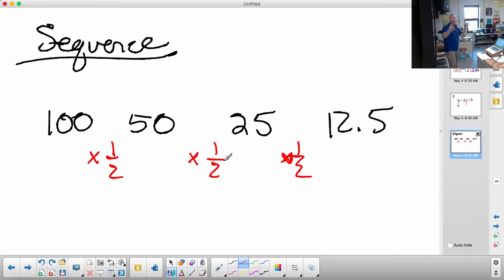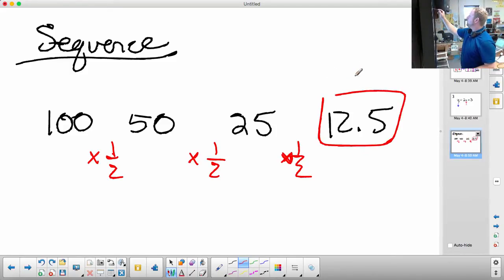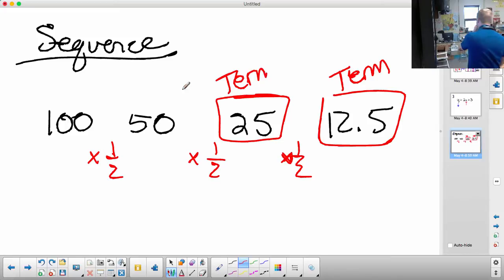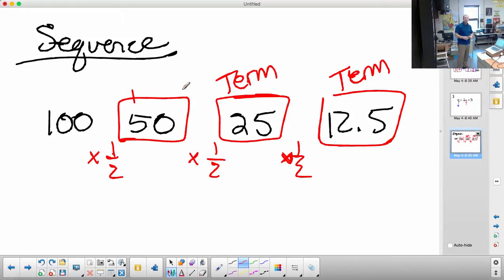If you have to figure out a pattern, and in order to find the pattern, you figure out that you have to multiply or divide between each term. This is called a term. A term is one number in a sequence. Okay? So these are terms.